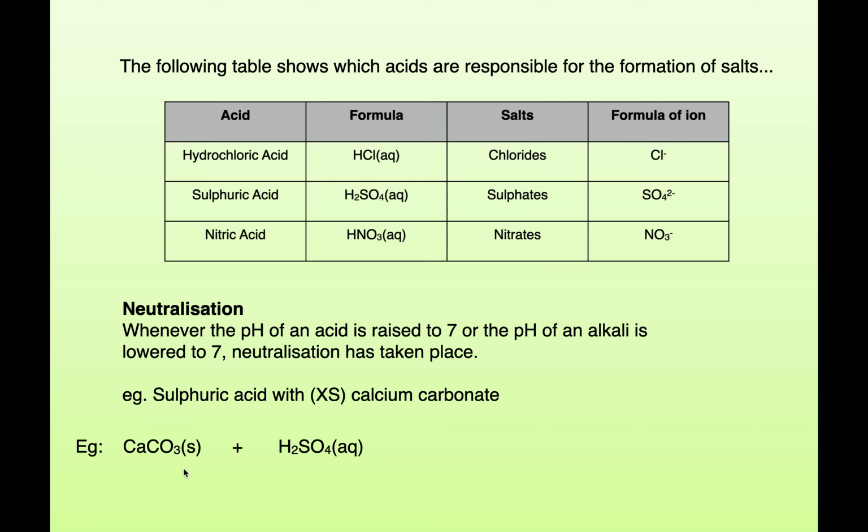This is an acid. If we add calcium carbonate, which is a base, it's insoluble, then we get calcium sulfate, water, and carbon dioxide, and the pH here of the acid has gone up to 7. Okay, it goes from 1 in the case of the acid to 7 in the case of the solution.